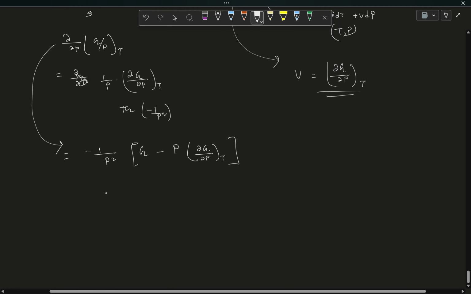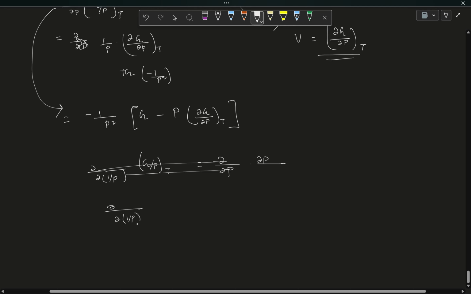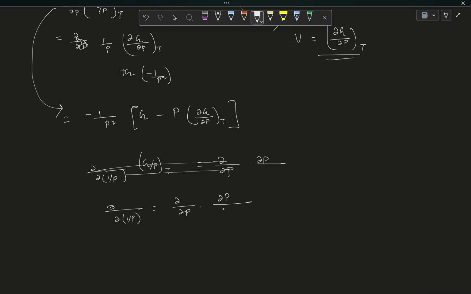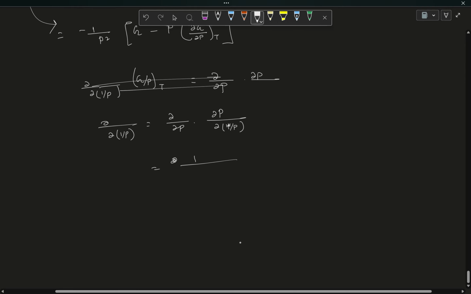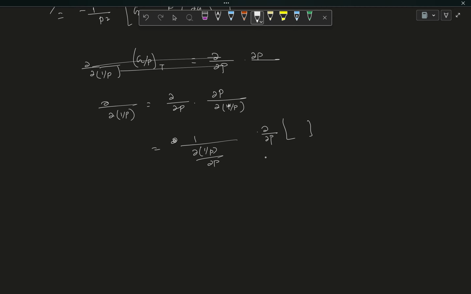Now you can further solve it if you take del of 1 by P of G by P at T constant, because for that you have this del P. Let's separately calculate what is del of 1 by P. So simply it will be del P of del of 1 by P, so this is 1 by del of 1 by P by del P. Del P is a partial derivative on whatever variable you are taking that on.